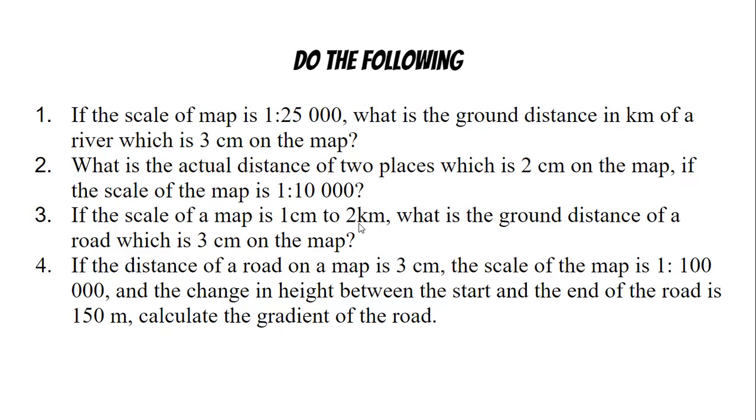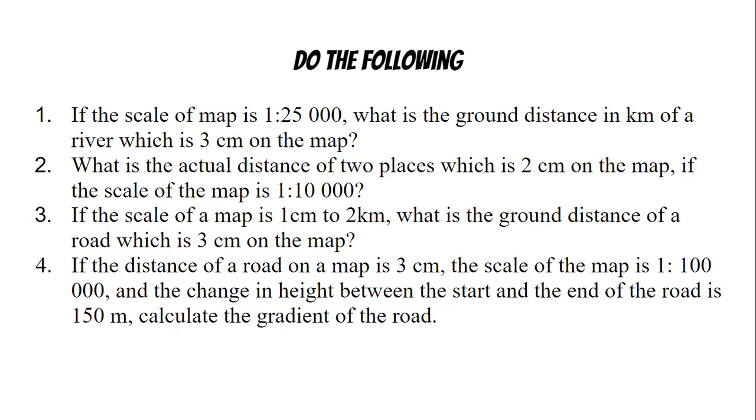Then number 4 says, if the distance of a road on a map is 3 centimeters, the scale of the map is 1 to 100,000, and the change in height between the start and the end of the road is 150 meters. Calculate the gradient.